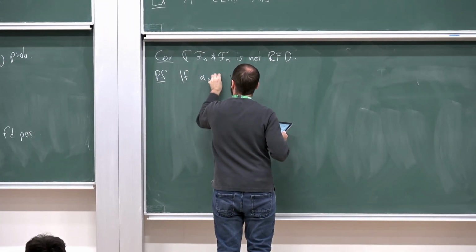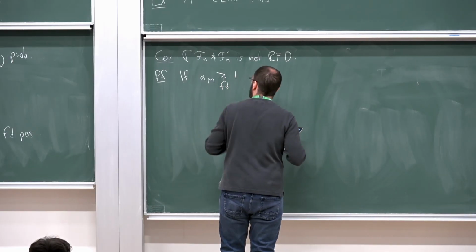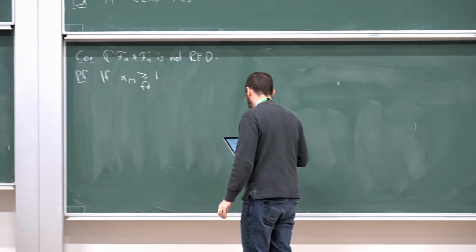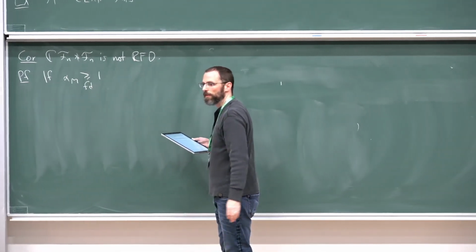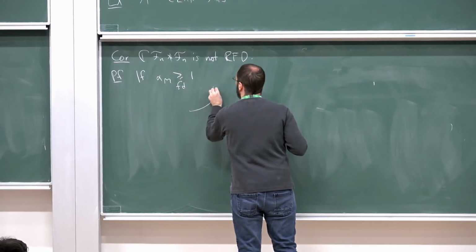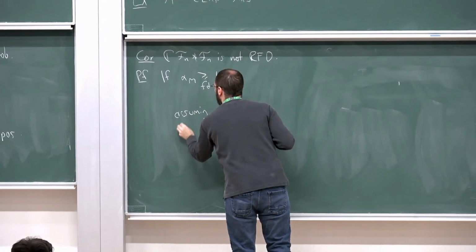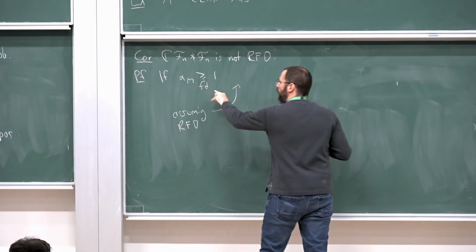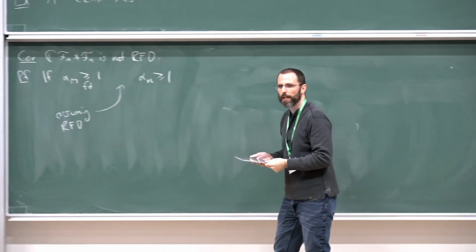So if this is finite dimensionally greater than or equal to 1, so if it was RFD, so assuming RFD, this could be upgraded here to say that alpha M is greater than or equal to 1. Okay?